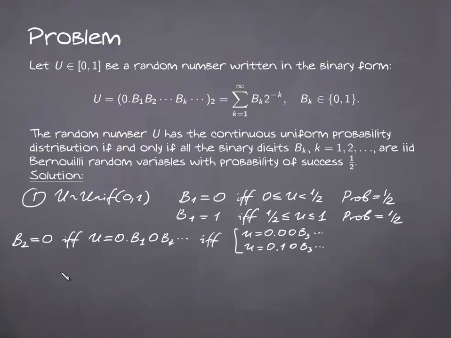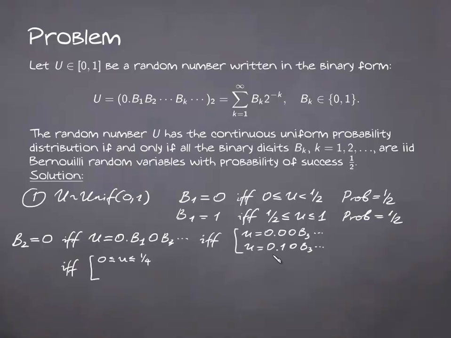So u cannot be less than 0, and the largest possible number is the one where all the unknown digits are ones. That number is nothing more than 1/4. So in the first case u has to be between 0 and 1/4.